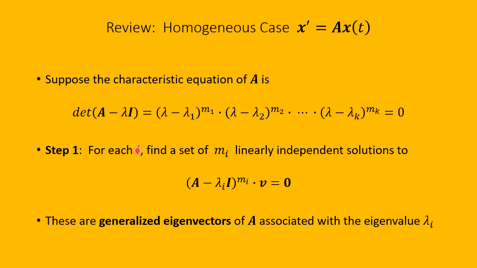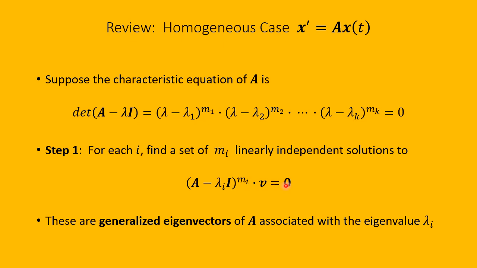So for each i, let's find a set of m sub i linearly independent solutions to this equation: (A minus lambda sub i times the identity matrix) raised to the m sub i power, applied to the column vector v, equals a 0 vector.